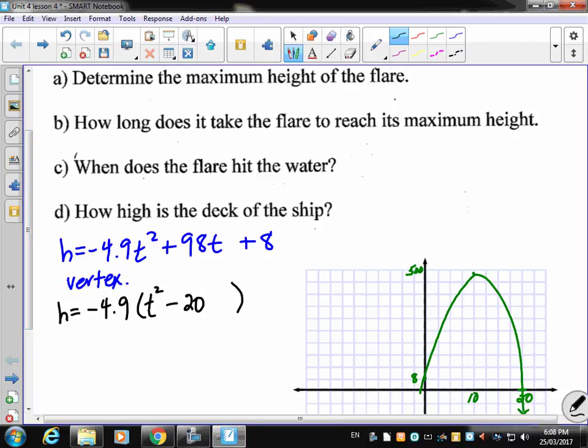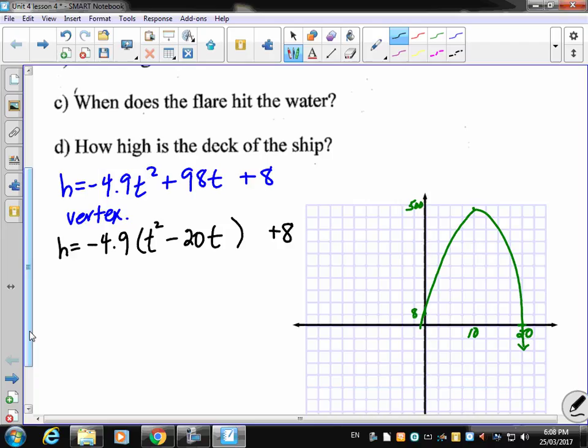Coincidence? I think not. Okay, I am leaving my 8 out for later because 4.9 does not divide into 8 nicely. So I'm going to deal with it later like we did on some yesterday or the day before. If I'm going to complete the square, I am going to skip a line and show the perfect square that I'm aiming for, which is always half of that middle term.